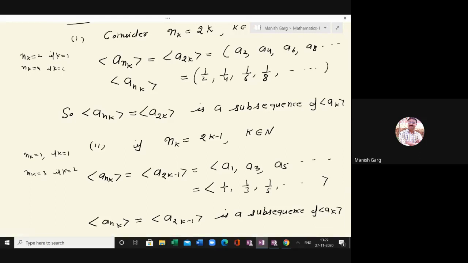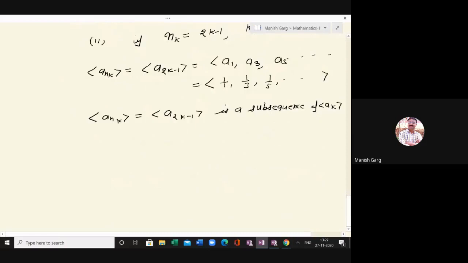So it means nk will always be greater than or equal to k.